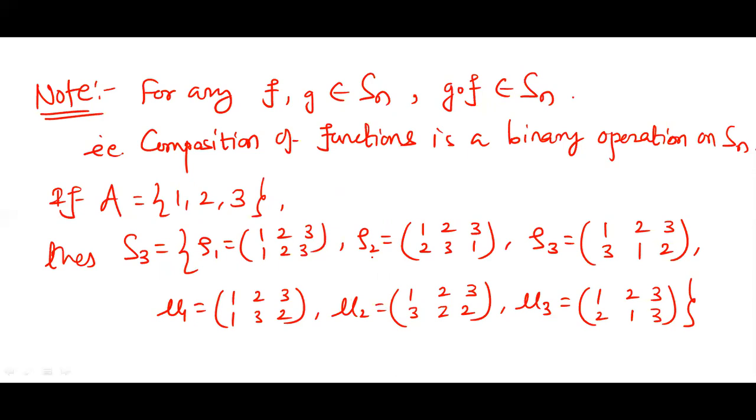Under rho 2, 2 maps to 3 and 3 maps to 1, so in rho 2 composition rho 2, 2 maps to 1.